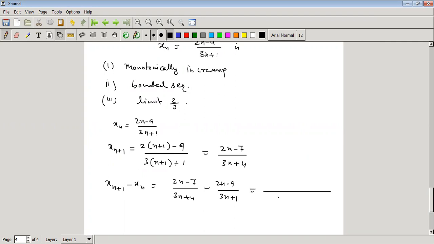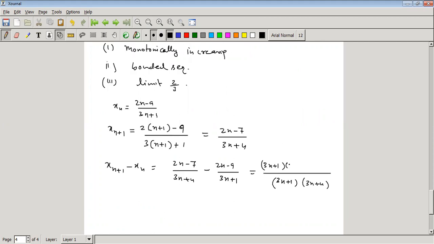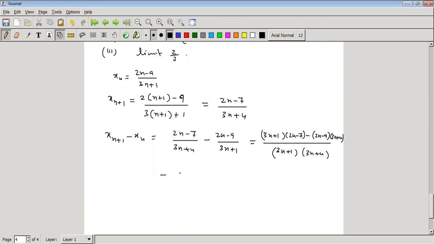We can take the LCM, 3n plus 4 into 3n plus 1, with the numerator 3n plus 1 into 2n minus 7 minus 2n minus 9 into 3n plus 4. Right? After solving this, we get 29 by 3n plus 1 into 3n plus 4.